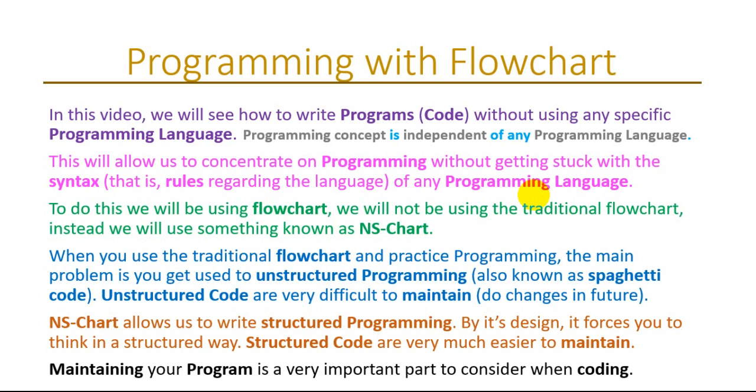Okay, right. So why are we talking about structured and unstructured? Because when you write a program, it's not a one-time thing. You have to maintain it, because as people start using it, they will request changes, modifications, and so on. Then you should be able to go back and look at your program or the flowchart and figure out what you have done there, and the new change that they're asking, where do we put it?